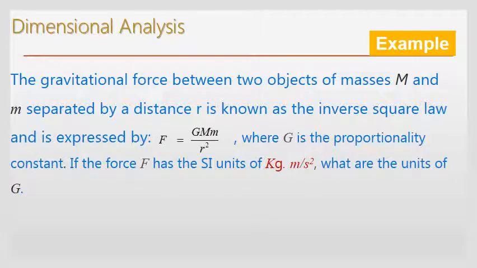An example of that is what's known as the inverse square law for the force of gravity between two objects separated by distance r, having two masses, small m and big M. If the force units are given as kilogram meter per second squared, you are asked to find the units of the proportionality constant G.